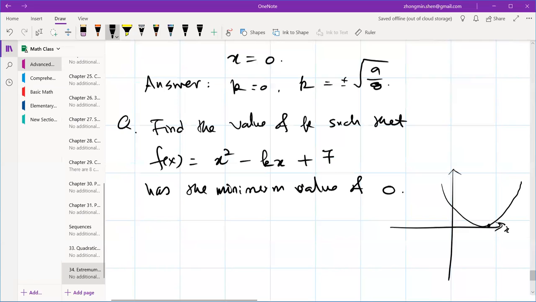Maybe you have 2 solutions. This is what the graph looks like at the end.